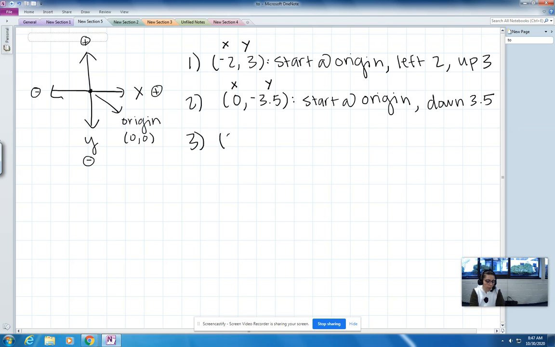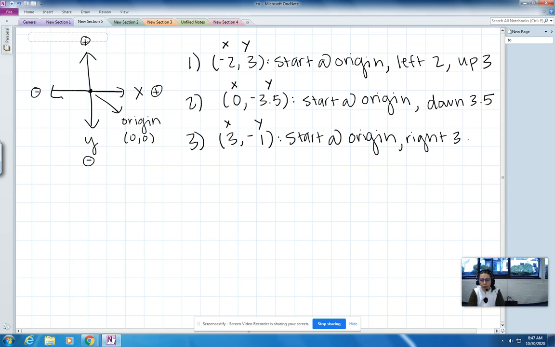Last example, 3, -1. Again, I always like to write x and y so I remember which value means which. We always start at origin. We always want our pen in the same starting position, right in the middle. The x direction, we're going to walk in the x direction. It's a +3. Positive x's are to the right, so that means we're going to go right 3.